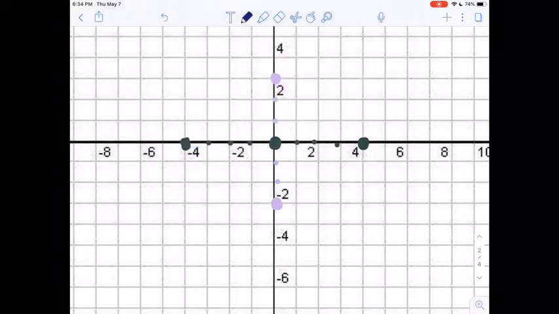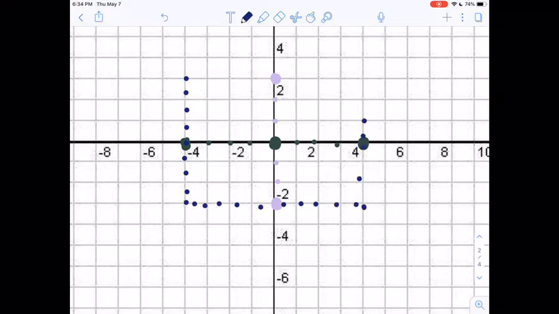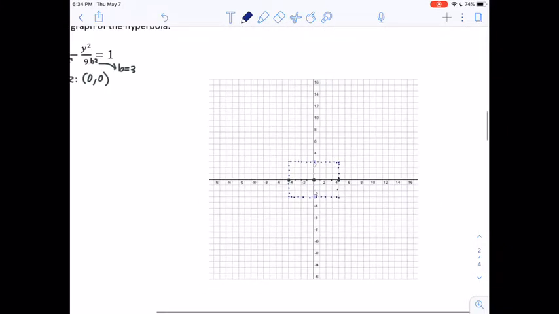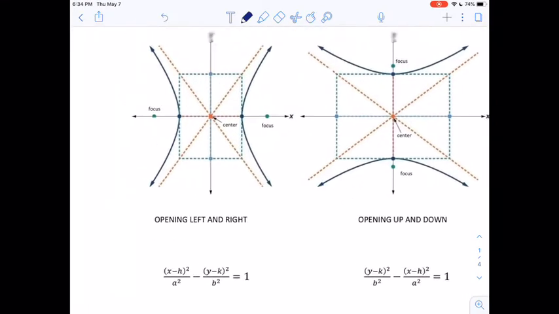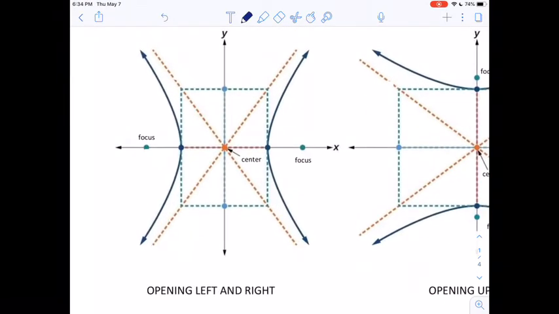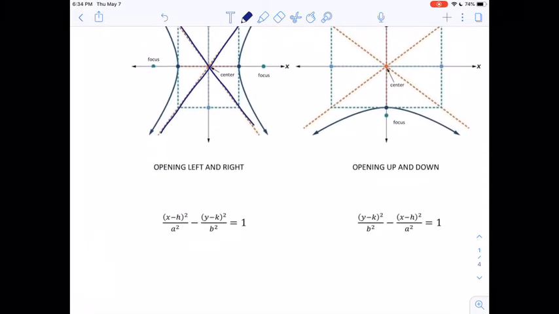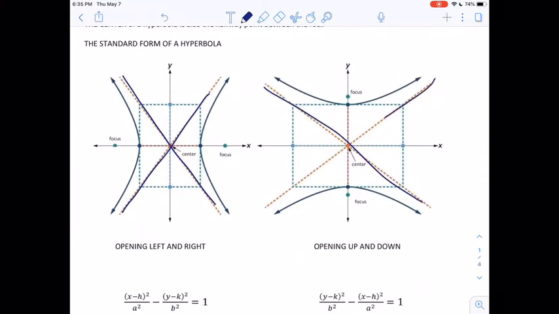Okay, and the reason why I'm doing this is because I need to create asymptotes. That's going to guide me into creating my hyperbola. So let me go back really quickly to these diagrams. See these dotted orange lines right here that are going through your center?